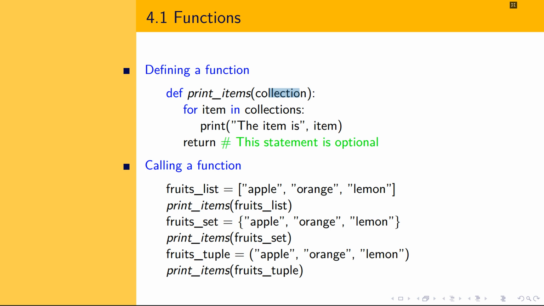Inside the function, your code must be indented, in the same indent. Here you have the for statement, so you loop over the collection. For each item, you print out the item, and the return statement here is optional. After that, you can call the function.